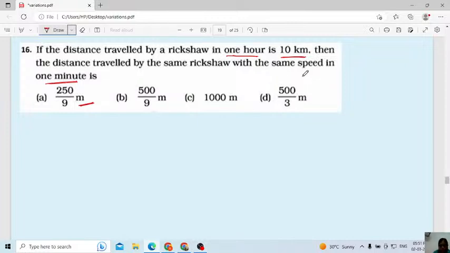Convert kilometer to meter, convert 1 hour to minute, then you will get the answer. No need to do the calculation here, only you have to convert the unit. Convert hour to minute, kilometer to meter, then compare, you will get the answer.